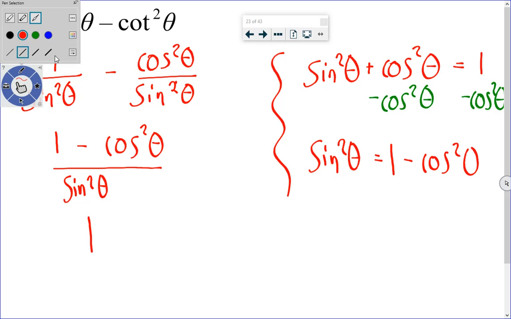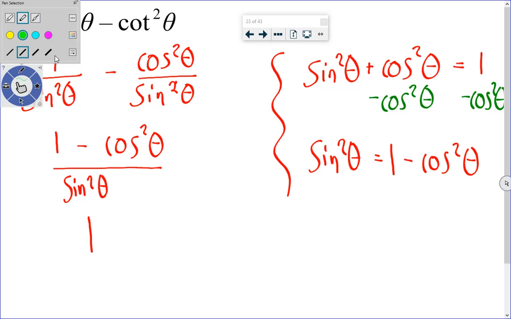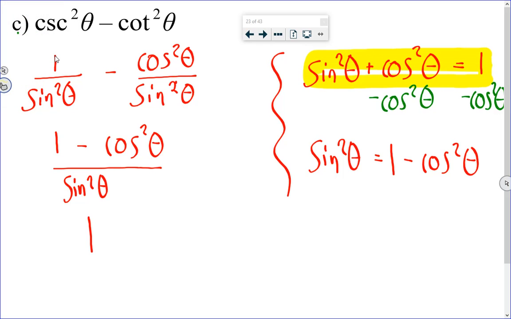So what I am telling you right now, and I know the burden is huge, and I'm not being sarcastic, I'm asking a lot of you. Now that you know whenever you see sine squared plus cos squared you can replace it with 1, I'm asking you to know from now on that whenever you see 1 minus cos squared, you can replace it with sine squared.